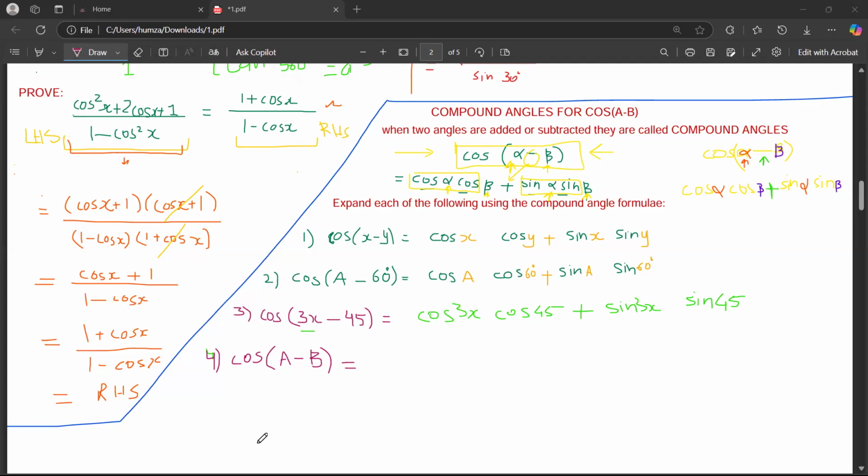If there is a negative sign in the bracket, we say positive. If there is a positive sign in the bracket, we say negative. So this is how you will expand the compound angles. So cos alpha minus beta. First step is to write cos, sin, sin. Can you do that for me? Write cos, sin, sin.